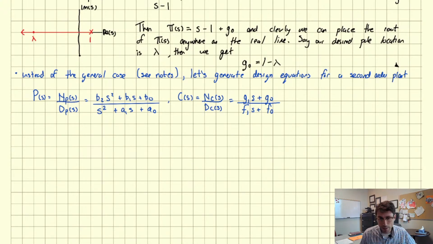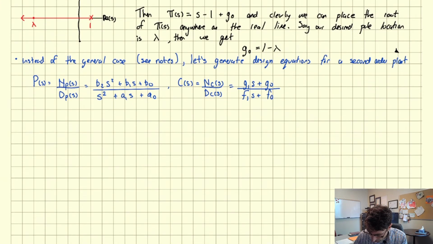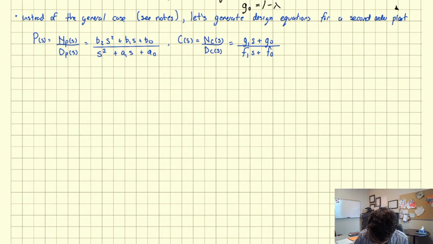Okay, so let's derive the equations, just to give you an idea of how it works. The characteristic polynomial in this case is, of course, I've written this down a few times, but let's write it again.